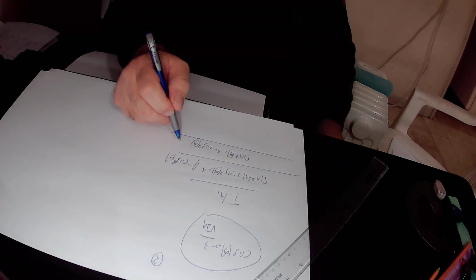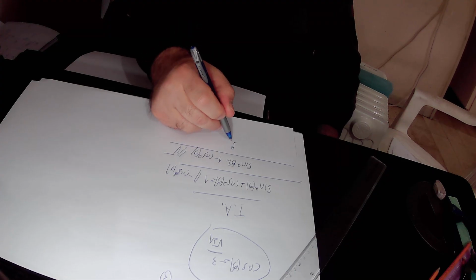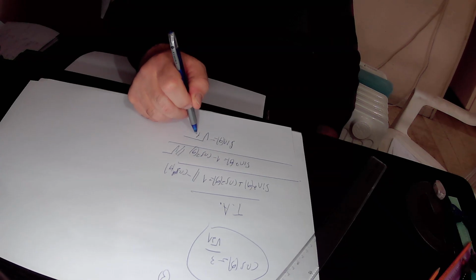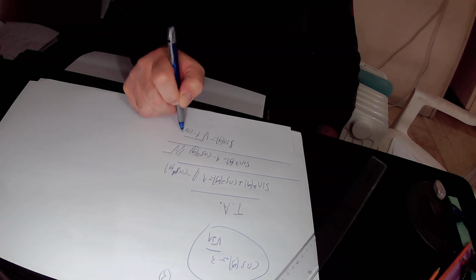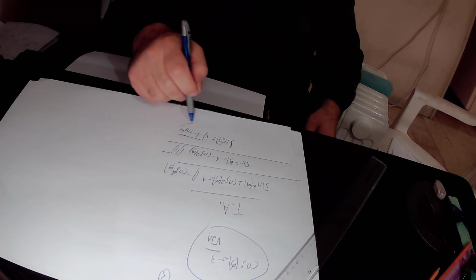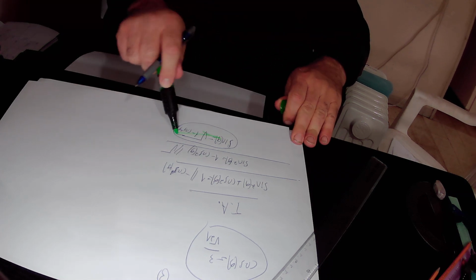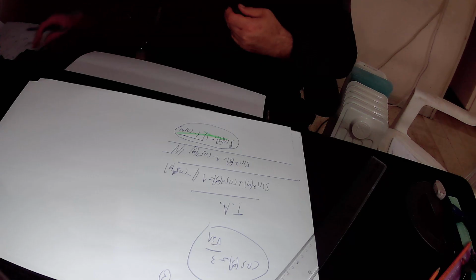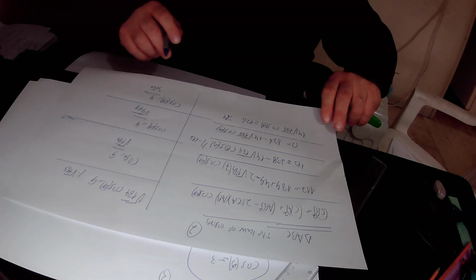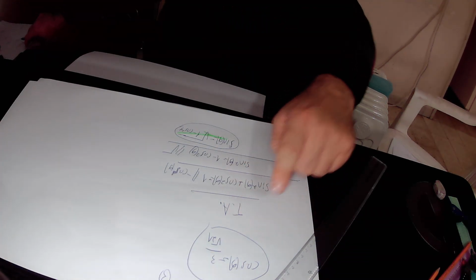Here we take the root of this equation and get that sine alpha equals the square root of 1 minus cosine squared alpha. We already found that cosine alpha equals 3 over square root of 21.